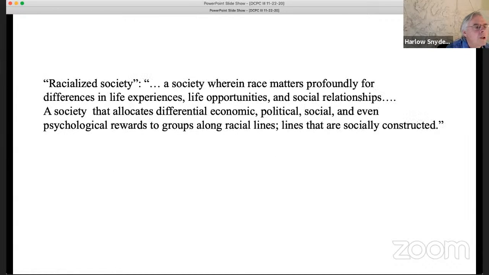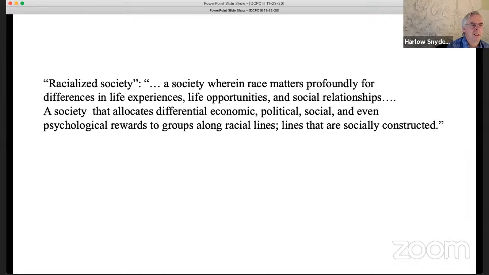Okay. So when talking about matters of race, they depart from using the word racist, right? I think racist as a term has a sharpness, but also an individual character to it that they want to avoid. So when they talk about social realities and society at large, the authors tend to use the term racialized society, and this is how they would define it.